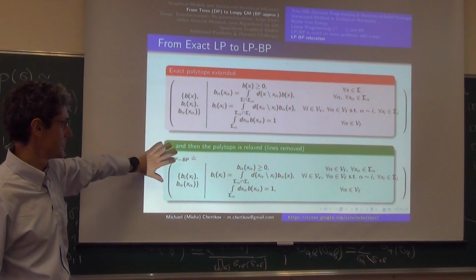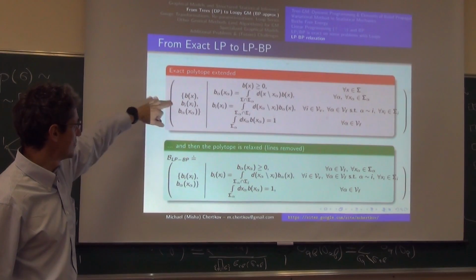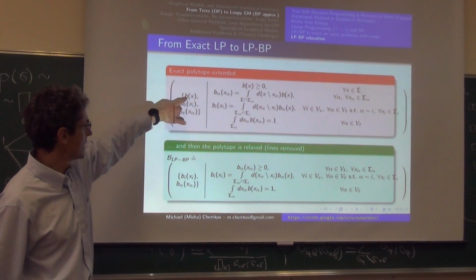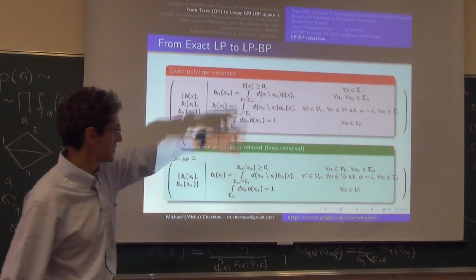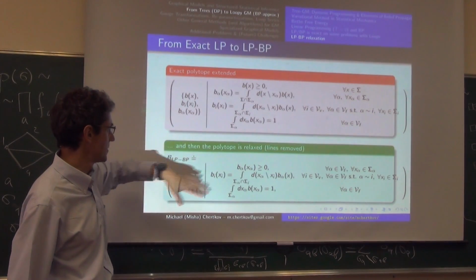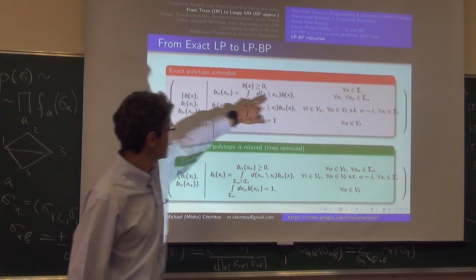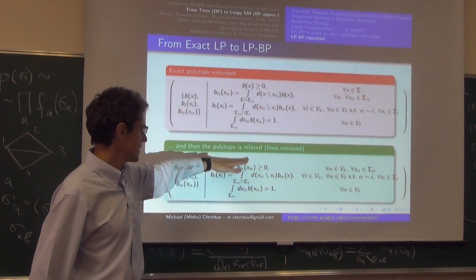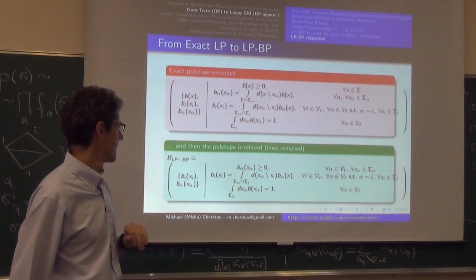And that's why I'm showing it in here. And okay, so what do I remove? I remove everything related to b of x. Whenever b of x enters, like here, I just got rid of it. So a lot of constraints I threw away. I also threw away definitions of b alpha because it depends on b of x. What is left in here is only b alpha and bi.